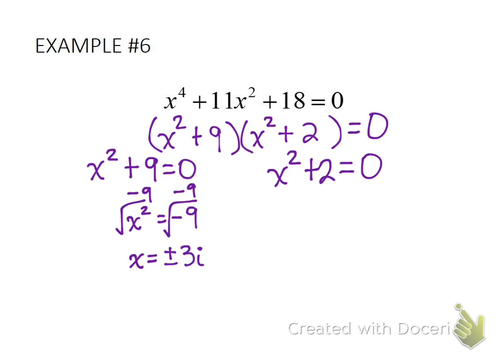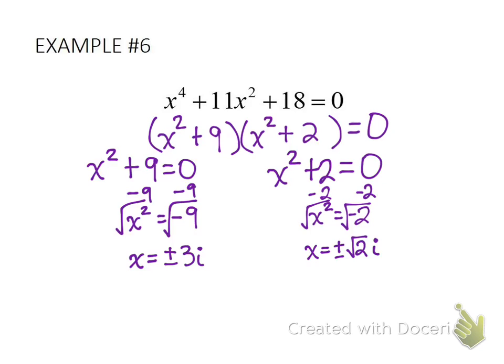All right, going over to the other side. What do I do to get x alone? Subtract 2. X squared equals negative 2. What happens next? Square root. Very good. X equals plus or minus the square root of 2i.